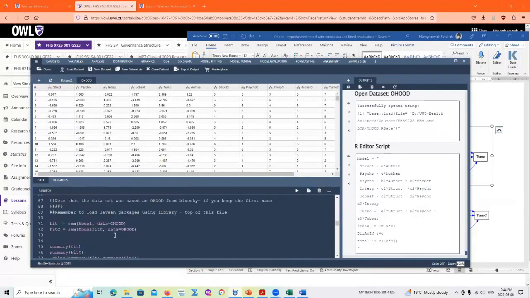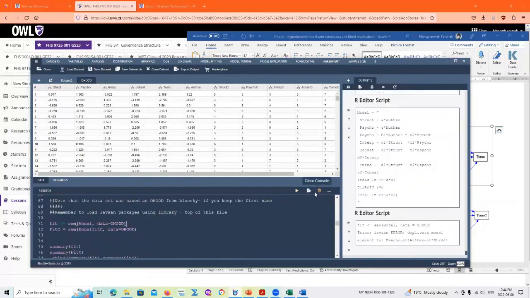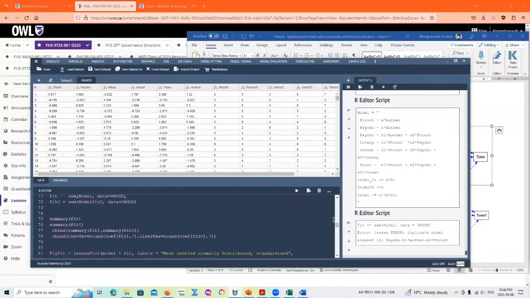Where's my model? Okay, it's here already. Duplicate model, what does it mean? Okay, it's complaining here.